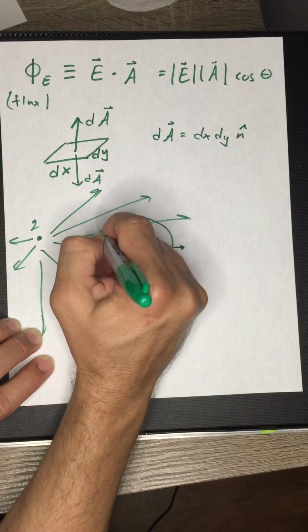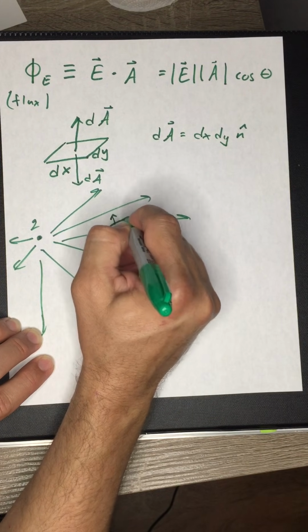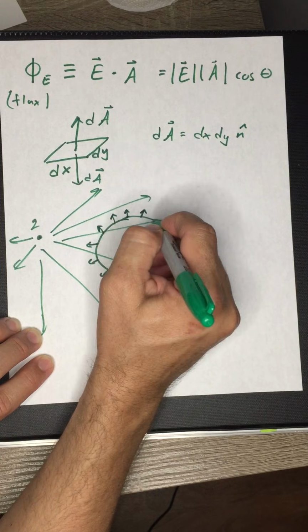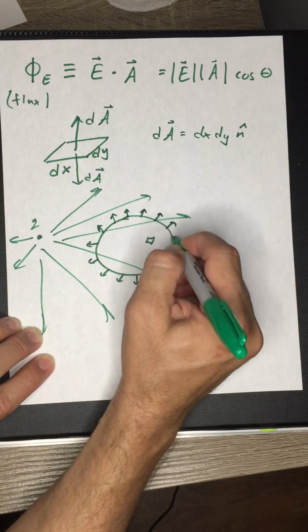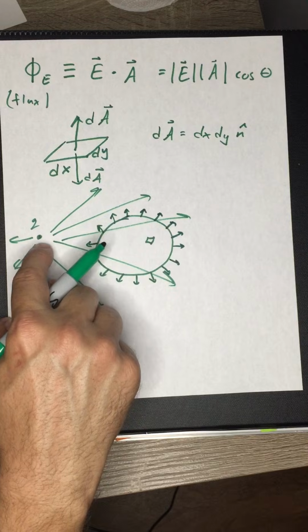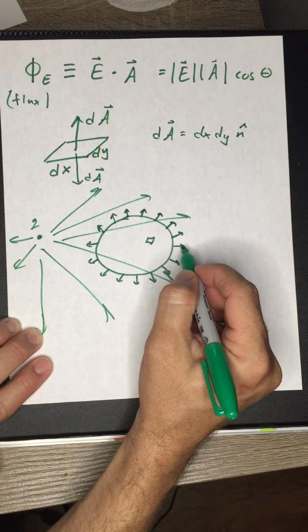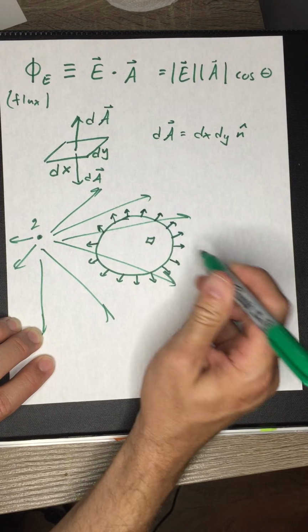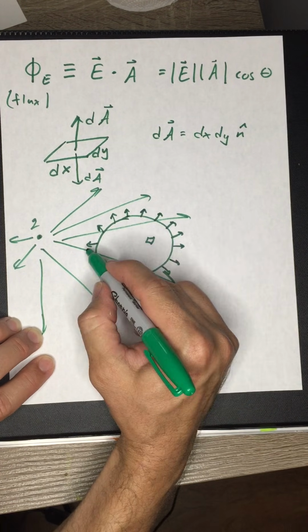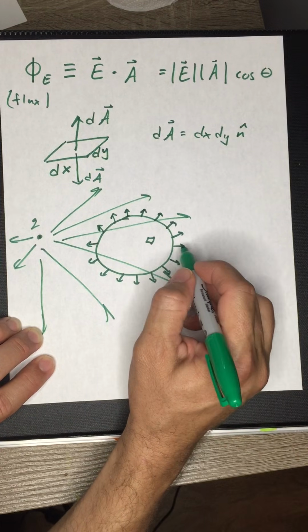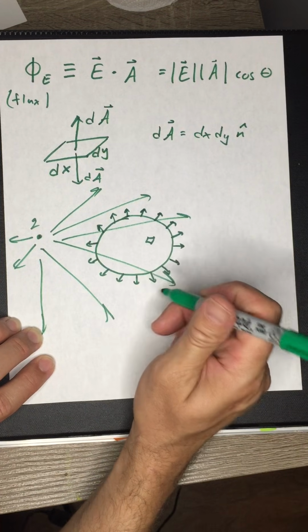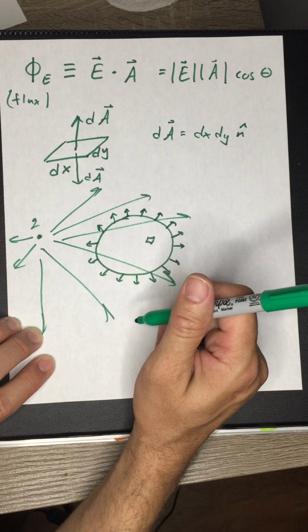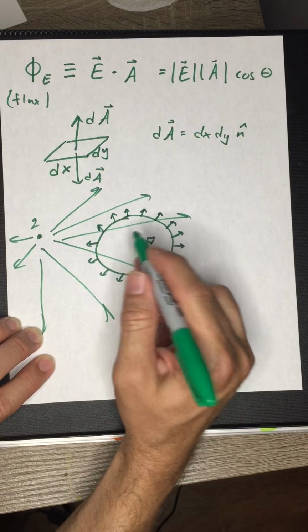And how I evaluate it on either side is going to be different. It will be different in point of fact by a negative sign. Because over here, you can imagine a field line coming straight through here. Over here, the field line and the area vector are parallel. Over here, they are anti-parallel. And so over here, I have an angle of 0 degrees. Here, I have an angle of 180 degrees. So you see the evaluation will be different.